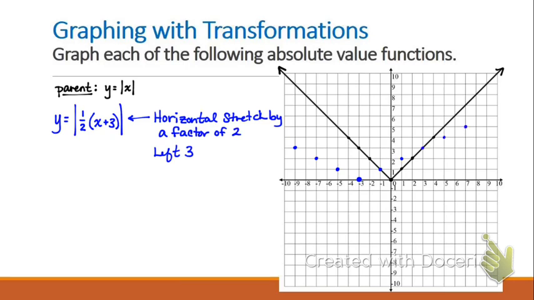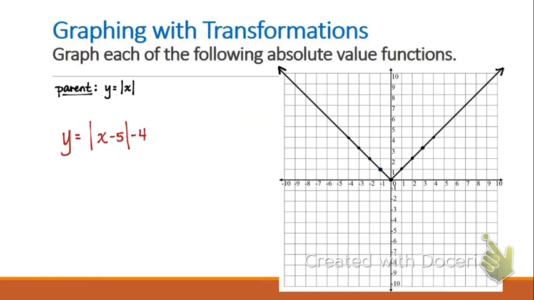So these are going to be my points on my transformation here. And then I'm going to grab my straight edge and connect those dots there. So there's my first absolute value transformation. All right, let's go look at our next absolute value transformation.